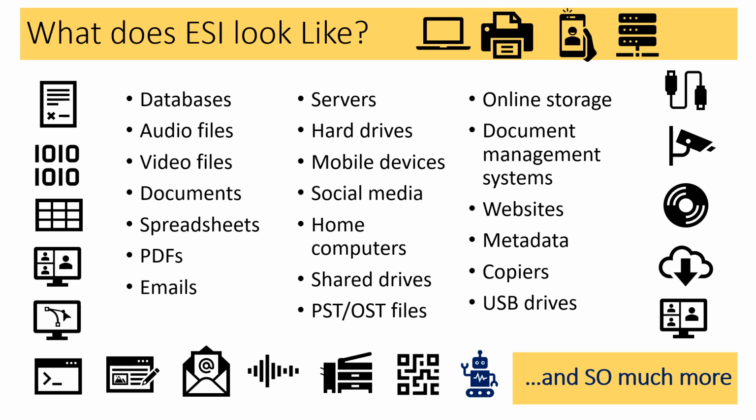So ESI looks like all of these different types of data, whether it's databases, audio, video, documents, spreadsheets, PDFs, emails, servers, hard drives, mobile devices, social media, home and work computers, online shared drives, email files, online storage or cloud documents, document management systems, websites, metadata, copiers, USB drives, and so many more.